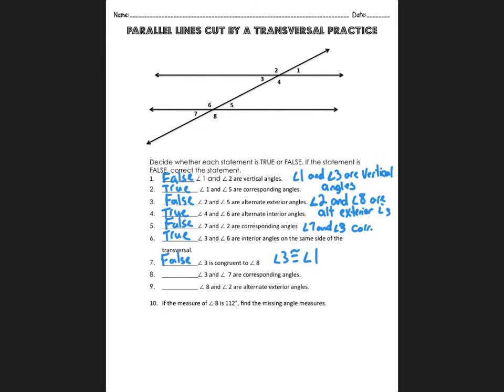Angle 3 and angle 7 are corresponding angles. So 3 and 7, that's true. They have the same relative position. They're both kind of bottom left angles of their intersections.